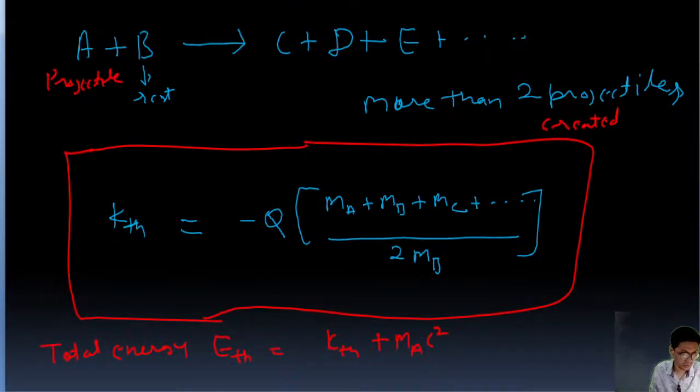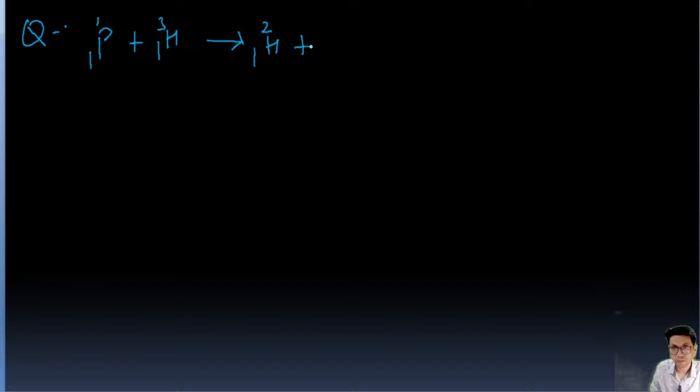Next I'm going to solve one question. The reaction is 1H1 plus 1H3, that is tritium, going to 1H2 plus 1H2, deuterium.